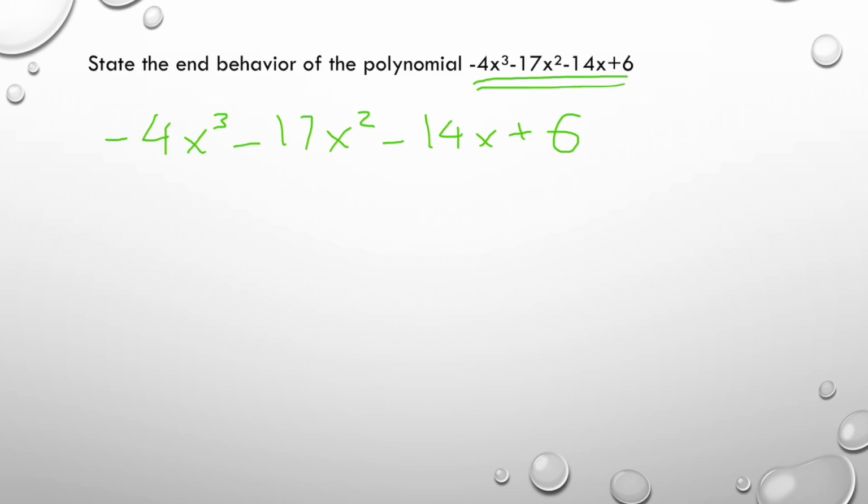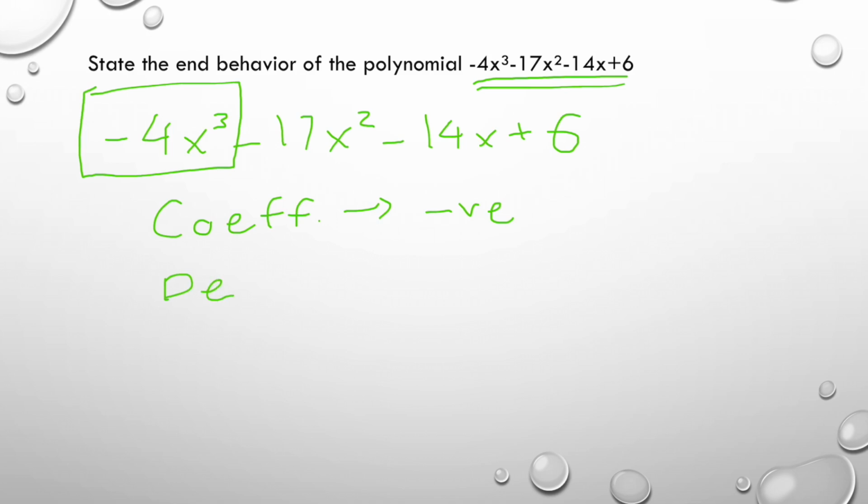First of all, pick your term. We know this is the term which has the leading coefficient and the degree. We know the degree is 3. So first the coefficient will be negative, and the degree that we have here, which is 3, is odd.